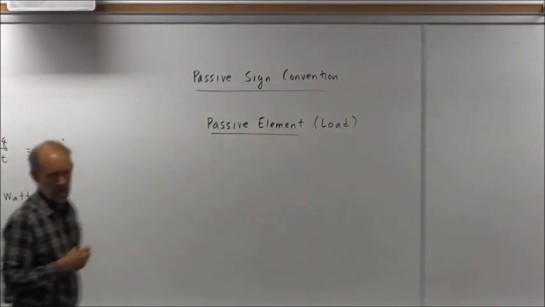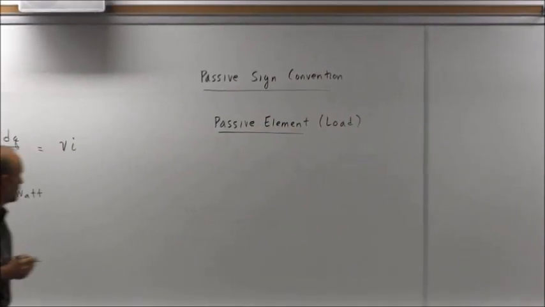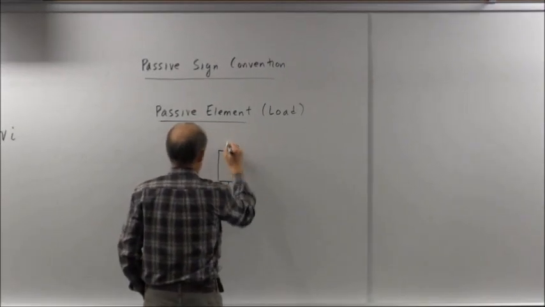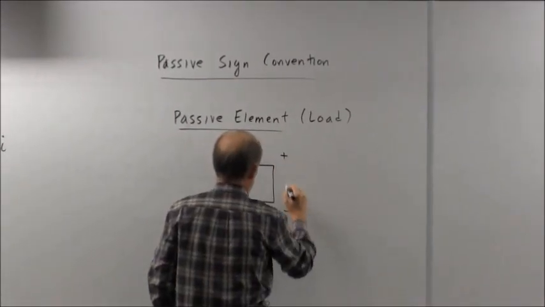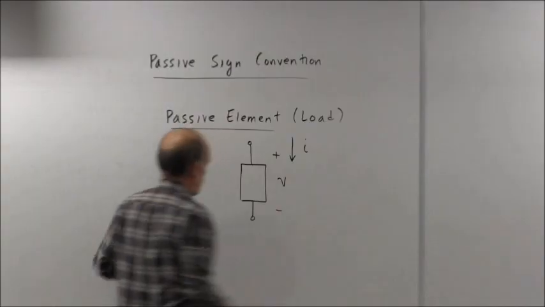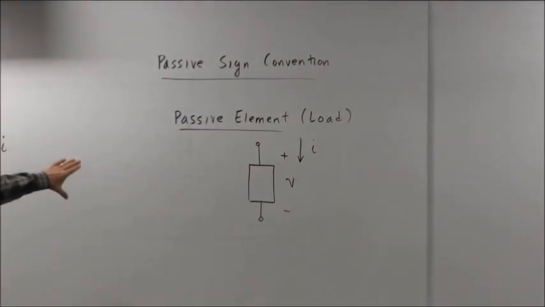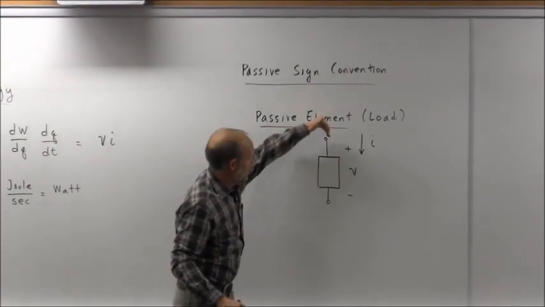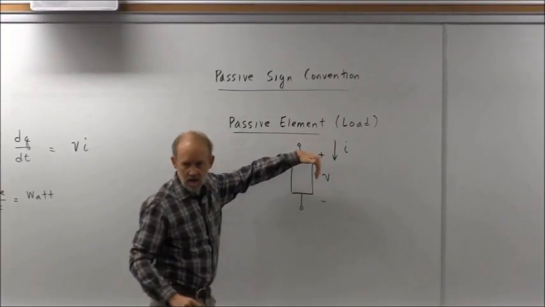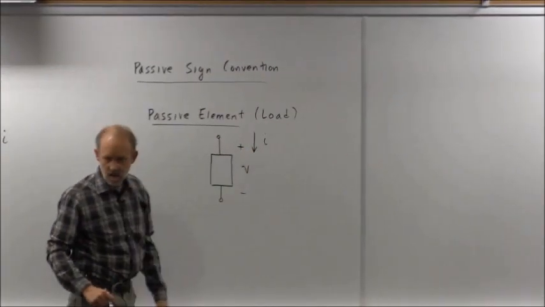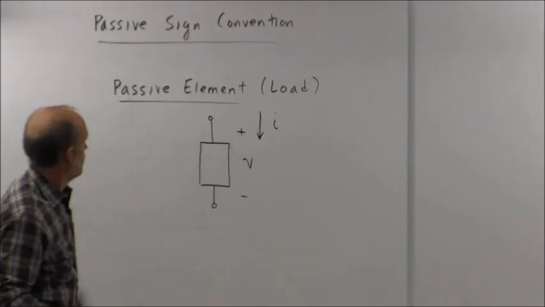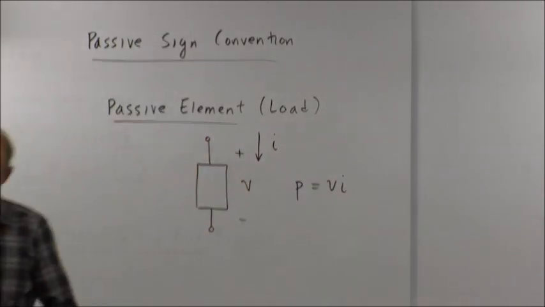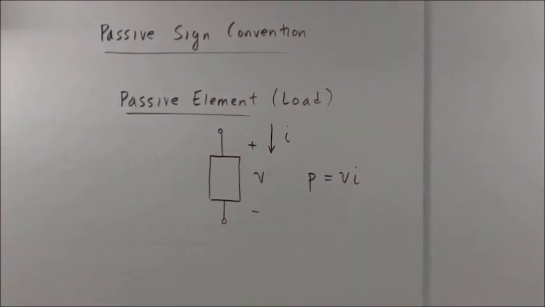So a passive element is what we recognize as a load on the system. Here's the criteria that you need to be watching for as it pertains to a passive element. For a passive element, the current is going to be flowing into the positive terminal as it pertains to the voltage. With passive sign convention, we then calculate the power as V times I as we described.